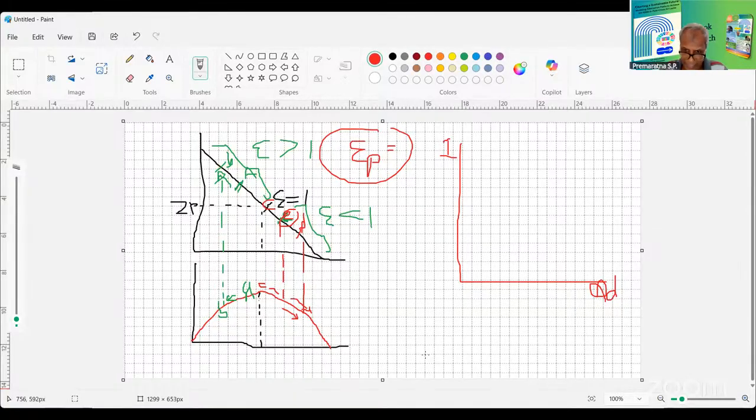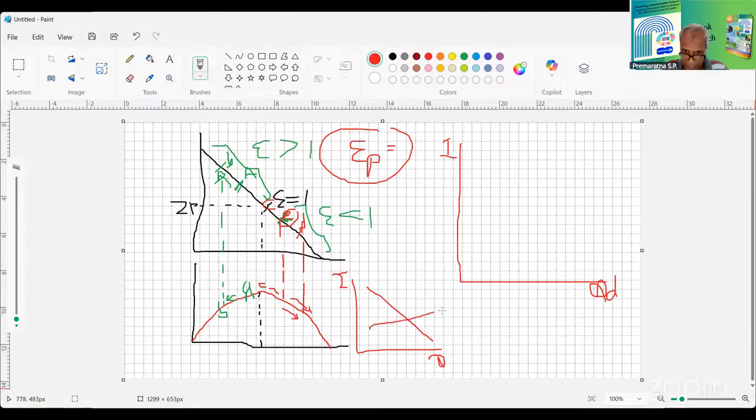The Engel demand curve shows the relationship between income and quantity demanded. Now, the shape of the Engel curve says, like I explained before, if the slope is negative, that good is an inferior good.